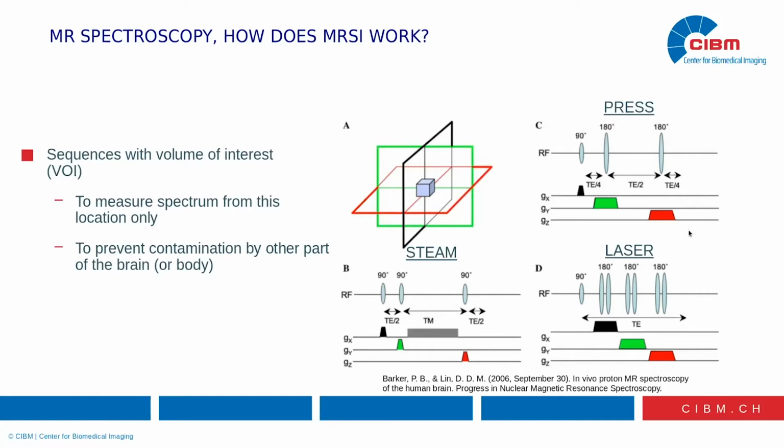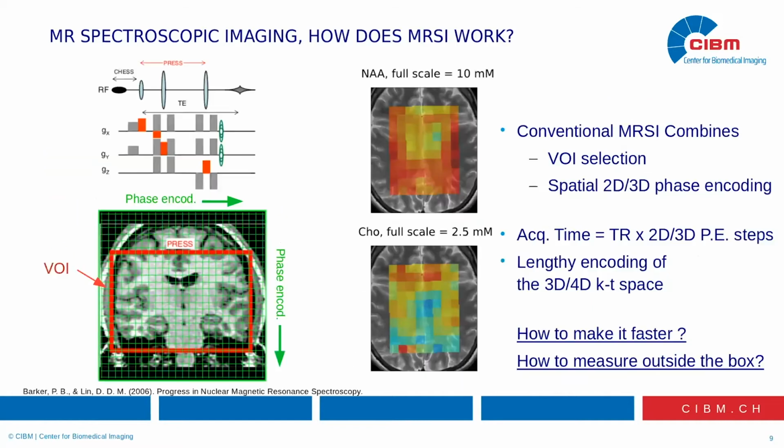You've got an excitation pulse followed by refocusing pulses, and all of them are coupled with gradient along X, Y, or Z direction in order to eventually be left with this small volume of interest, this box in a given location. And there is a good reason for that, because most of what we are interested in is this small volume of interest in single voxel spectroscopy, but also to prevent contamination from the other parts of the brain.